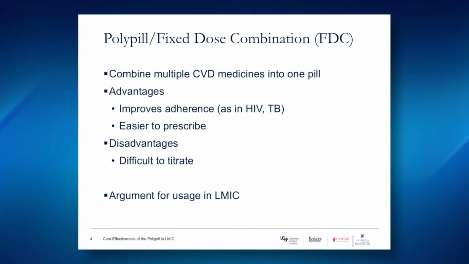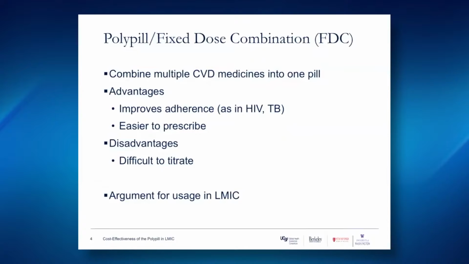As Ashish had mentioned, many providers may not know exactly what they should be prescribing, even if they are able to diagnose correctly. And giving 1 medicine is a lot easier than remembering 3 or 4 to give. The disadvantage is that it's difficult to titrate, and this is a reason why it faced a lot of resistance in high-income countries like the US, where many providers felt that it was very difficult for them to get the right doses of medications to the patients that they needed.